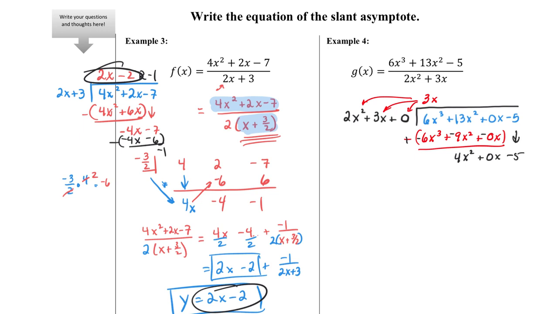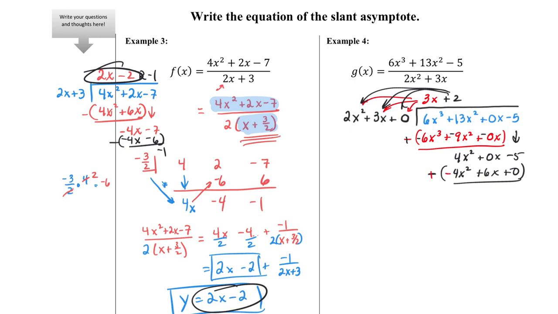There we go. 2 times what gives me 4, so 2 times 2, and it's already got the x squared, so I just need to multiply by 2 here. And away we go. 2 times 2, 4x squared. 2 times 3x, 6x. 2 times 0 is 0, and I subtract.